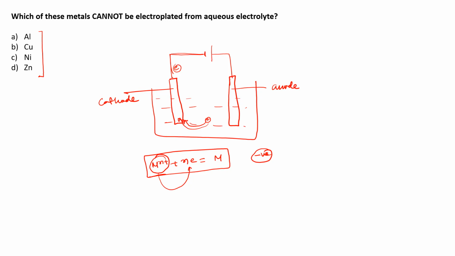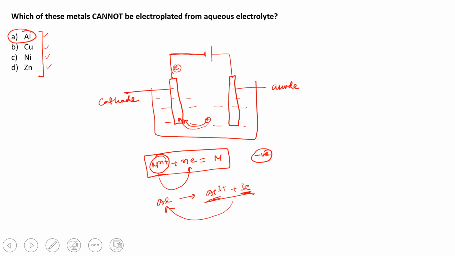Among these, which element has the most negative electrode potential? If you see the electrochemical series, you will find that aluminum is more negative. So aluminum prefers to break into Al3 plus and 3 electrons, rather than the reaction of Al3 plus with 3 electrons forming Al, which would help in deposition. That's why aluminum is the correct answer.